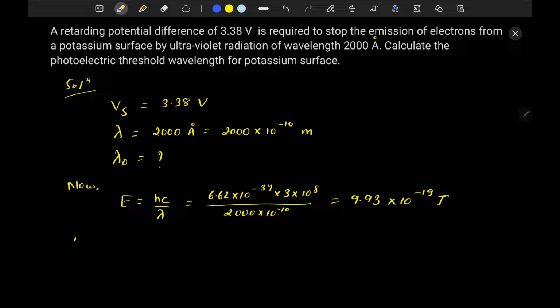Now we will use the photoelectric equation. E is equal to phi plus kinetic energy, or E is equal to hc by lambda naught. We will put this formula for work function, and kinetic energy we can write eVs.